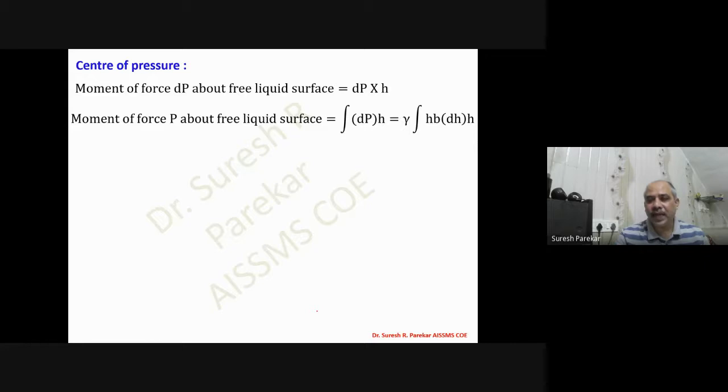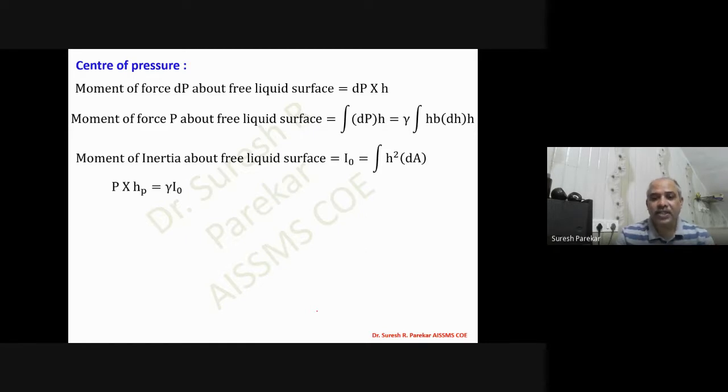Dp we know, we have gamma h b dh into h. Gamma is constant, taken outside, and then we have b into dh, which is area, and then we have h square. So h square dA will be the moment of inertia about the free liquid surface, because the moment we have taken at the top, so automatically I get this moment of inertia I naught, which will be about the top.